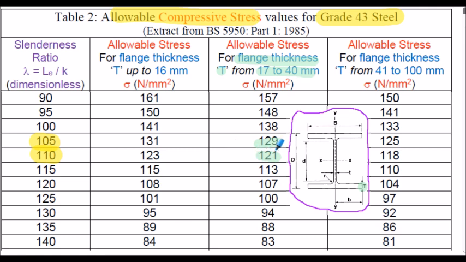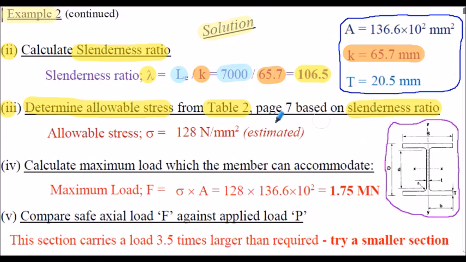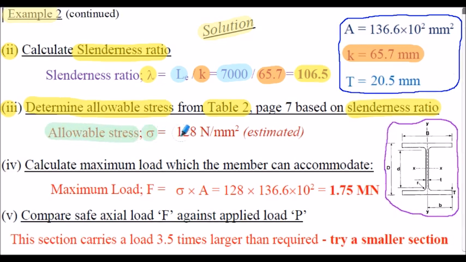We are allowed to linearly interpolate between two values if we require to do so, but I'm just going to make an estimate here that at a slenderness ratio of 106, we're in the region of 128 newtons per millimeter squared. So the allowable stress here, sigma, is 128 newtons per millimeter squared. That's the estimated value.